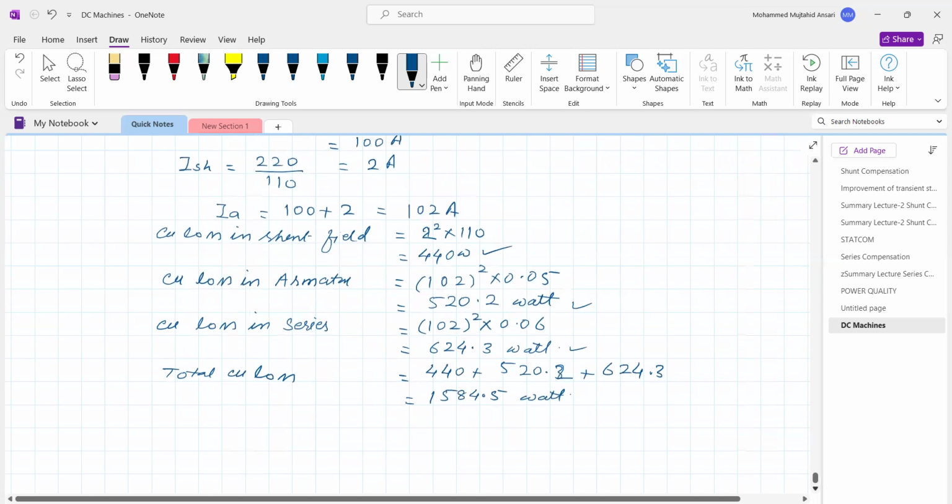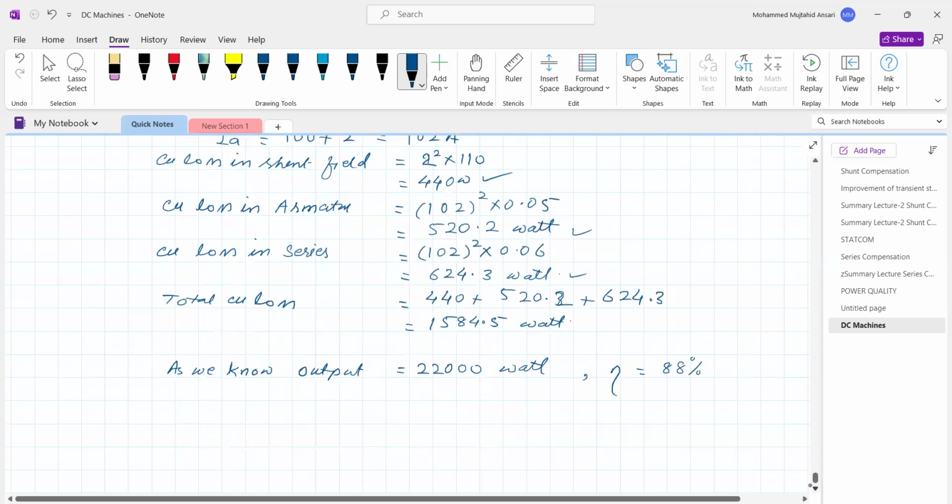As we know, the output is equal to 22,000 watt, and efficiency for this load is given as 88%.